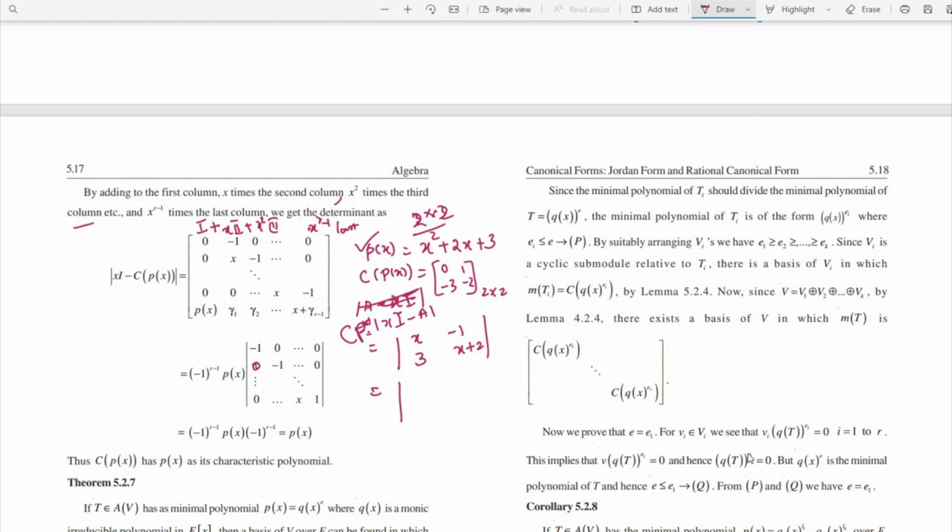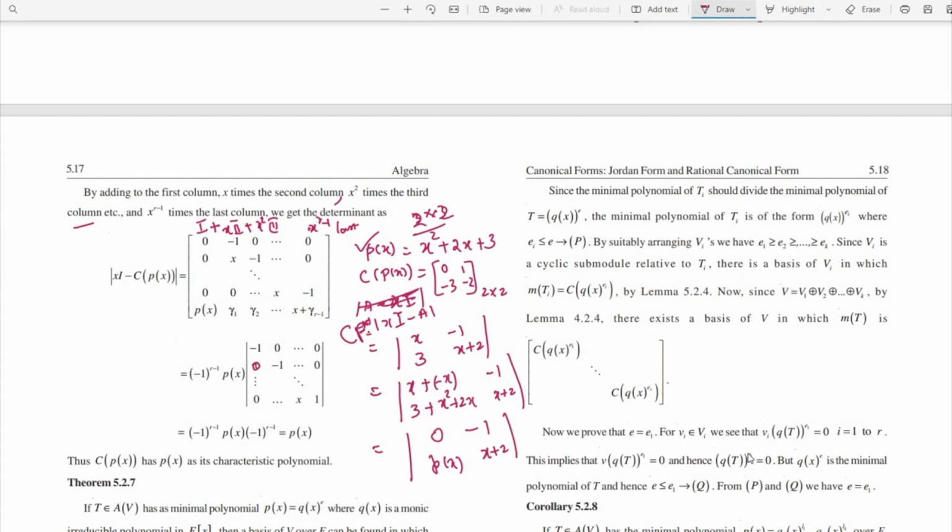So to the first column, add x times the second. So you have minus x, 3 is already here, so you get x square plus 2x, and this one will remain as such, x plus 2. That means here you get 0, minus 1, and 2x plus x square plus 3, which is nothing but your p of x. And this one is retained as such, x plus 2.